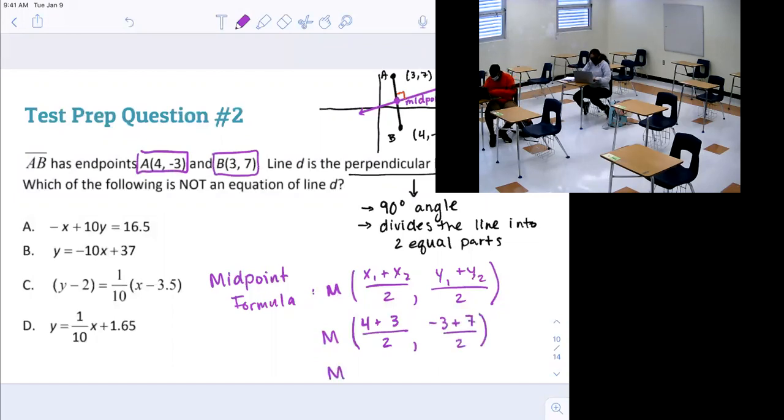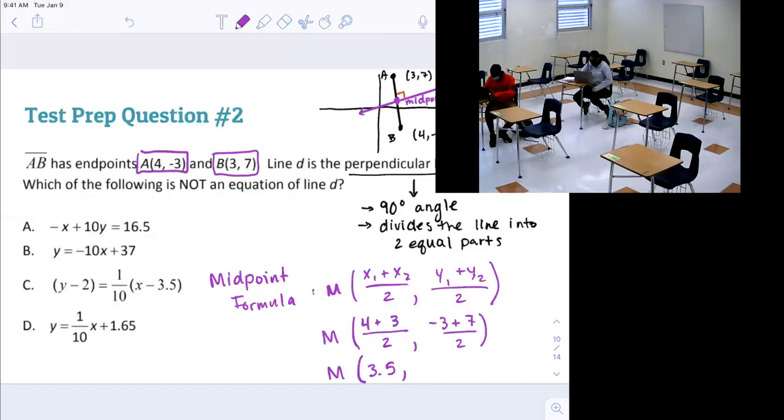And now let's simplify. 4 plus 3 gives me 7, so I have 7 over 2. And then -3 plus 7, that would be like a 4. Matter of fact, let's do it as a decimal for now. So 3.5. And then what do I get for y?